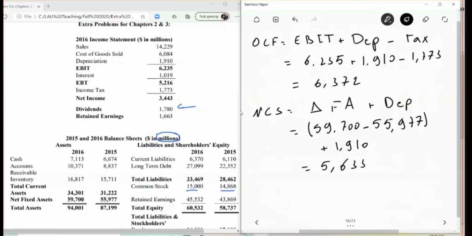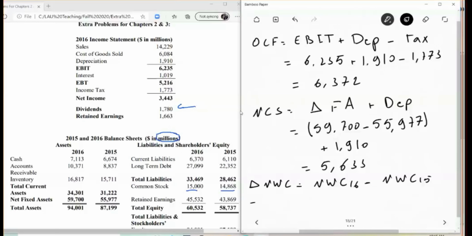Now for the last component, the change in net working capital. This will tell me about the new short-term investments of the firm in its net working capital. This is equal to the net working capital in year 2016 minus the net working capital in year 2015.